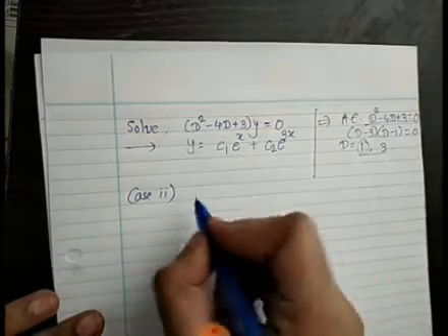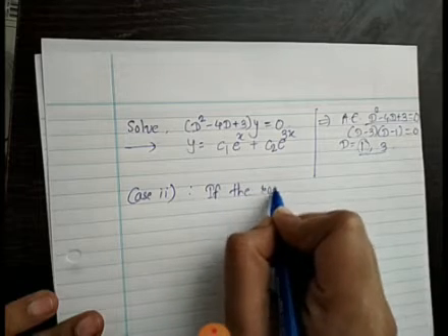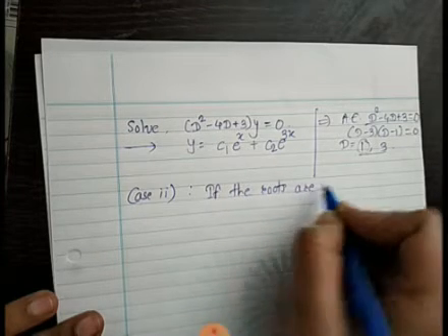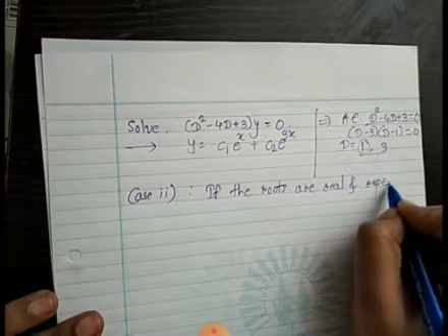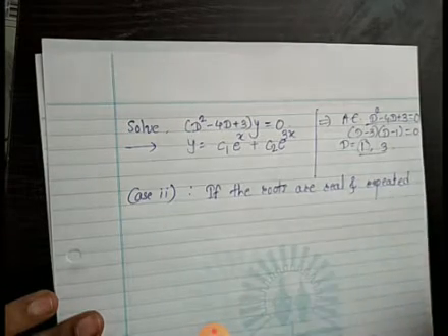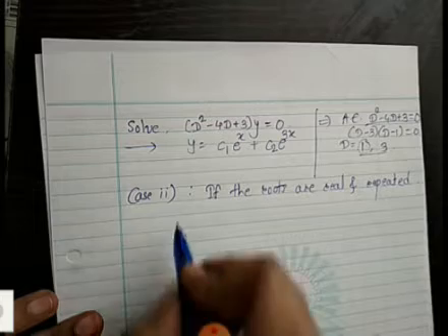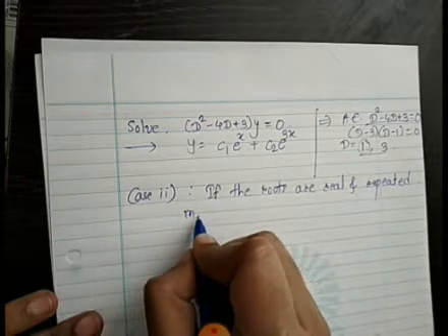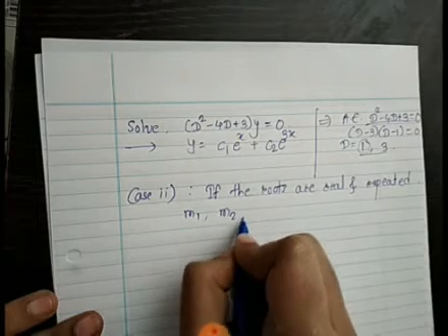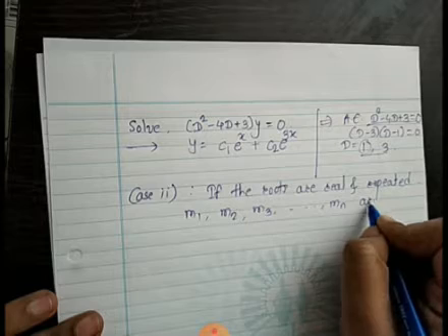Case 2 is if the roots are real and repeated. That is what we can say here. I'm writing again. Okay, m1, m2, m3 up to mn are the roots, as we already have written.